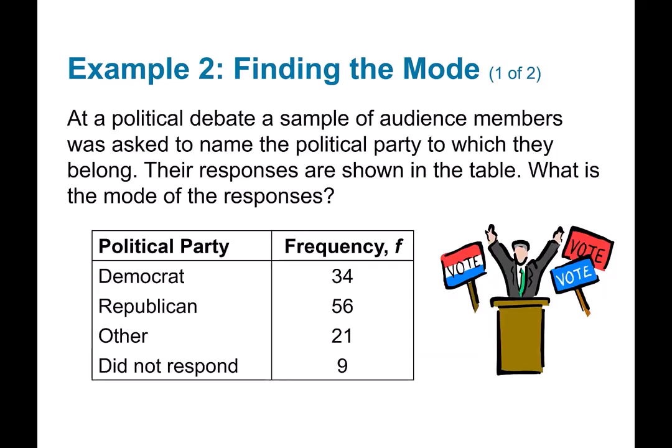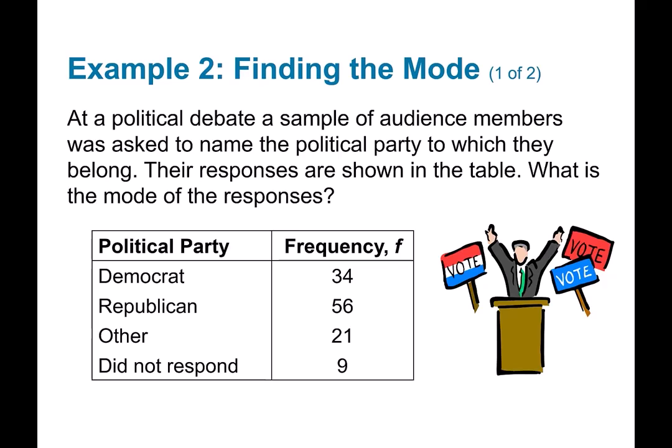Now, unlike mean and median, which had to be quantitative, you can also find a mode for a qualitative data set the same way. You just look for the value that has the highest frequency. So let's look at this example with a qualitative data set. At a political debate, a sample of audience members was asked to name the political party to which they belong. Their responses are shown below.